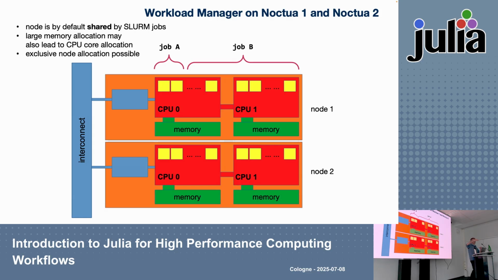Therefore, if you allocate proportionally more memory on the node than CPU cores, then this memory allocation will also be transformed into core allocations in the billing, therefore in the contingent of your project. So you only get the 10 cores, but from your account the resources will be removed as if more cores were allocated because you took so much memory.